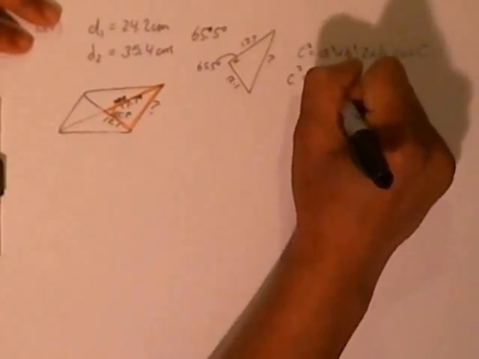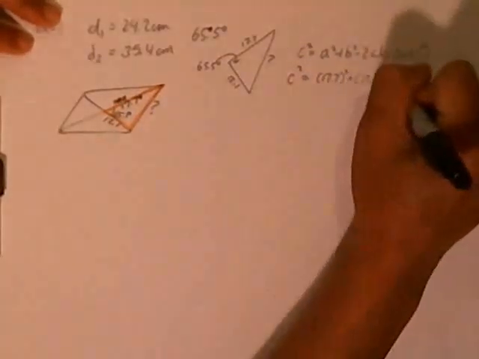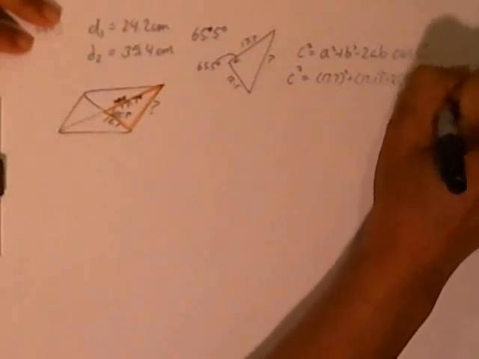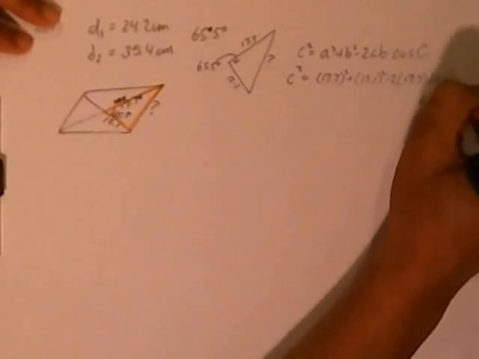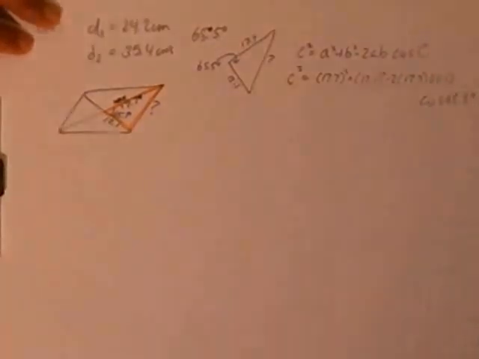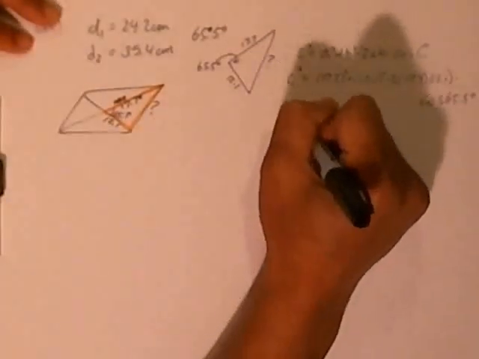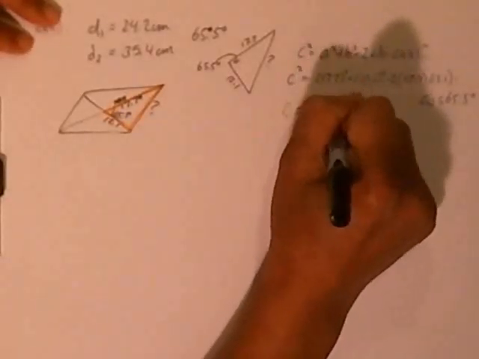A squared is 17.7 squared plus 12.1 squared minus 2 times 17.7 times 12.1 times the cosine of 65.5 degrees. And just use your calculator to figure that out and take the square root of your answer, and that's what you should get. I believe the answer is approximately 16.8 centimeters.